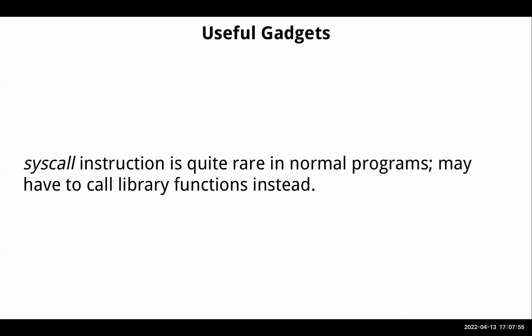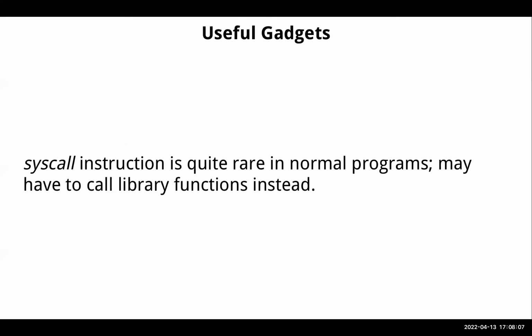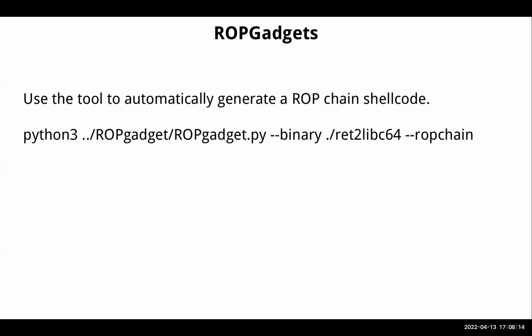Second, real world programs will not have a syscall return. It's like you just make a system call, then your function returns. It doesn't happen that way. So to make system calls, we need to think about another approach. Today we're going to see how we handle this.